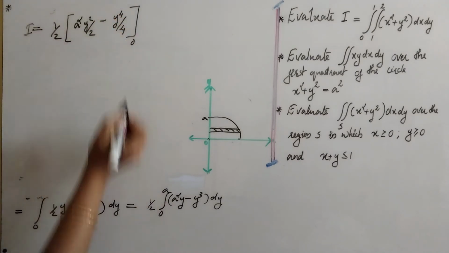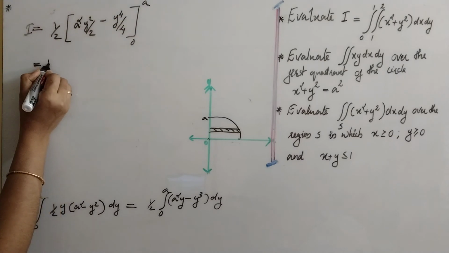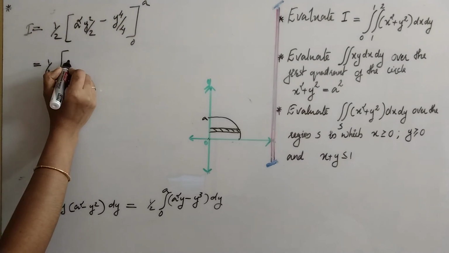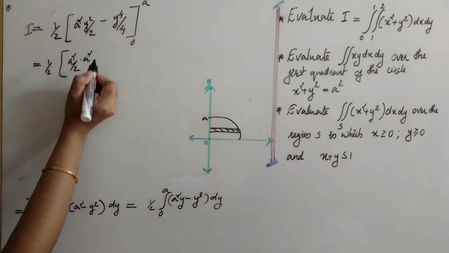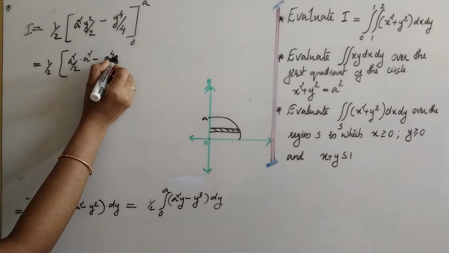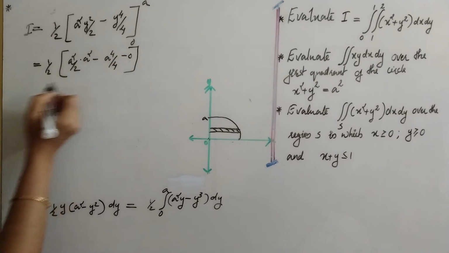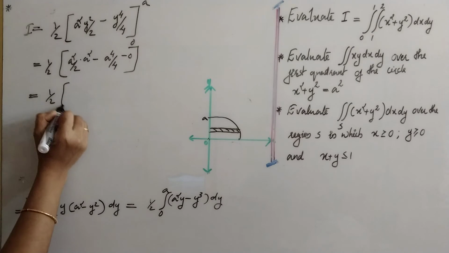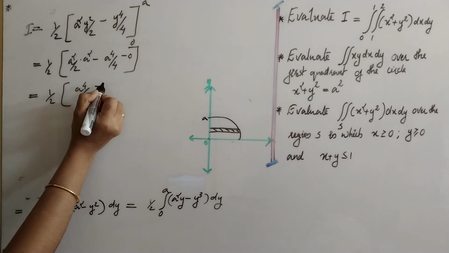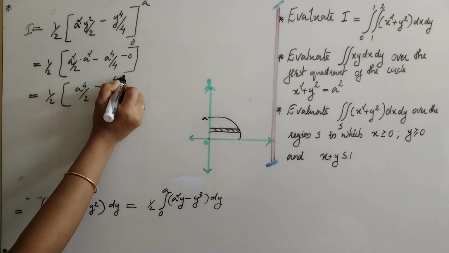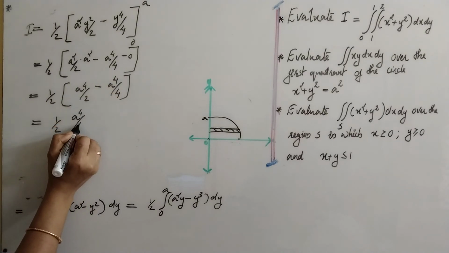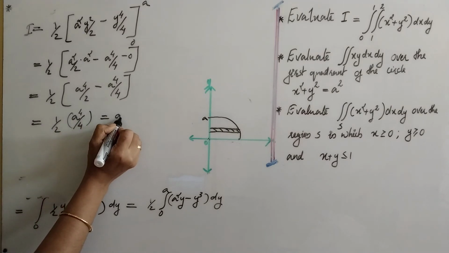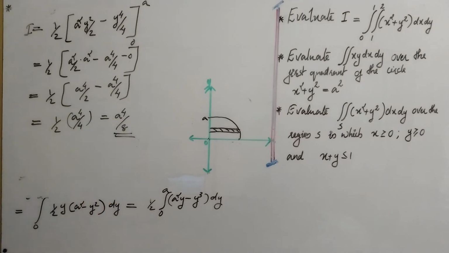Limits from 0 to a is equal to 1 by 2 into a square by 2 into a square minus a raised to 4 by 4 minus 0, is equal to 1 by 2 into a raised to 4 by 2 minus a raised to 4 by 4, is equal to 1 by 2 into a raised to 4 by 4, is equal to a raised to 4 by 8. So the answer is a raised to 4 by 8.